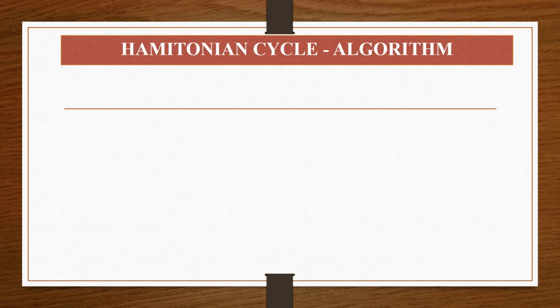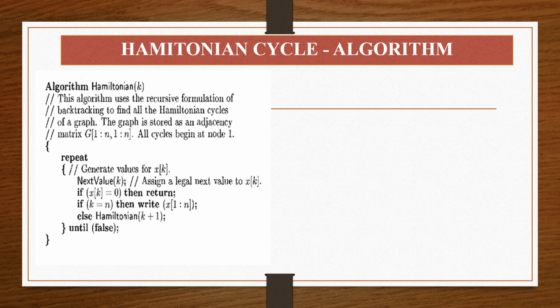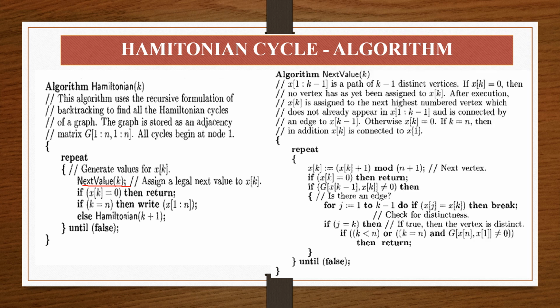So here comes the algorithm of the Hamiltonian cycle. Every time we need to find out a next node using the function next node, which will return either true or false. If it is true, then we will explore that particular vertex. If it is false, we will stop exploring that particular vertex. So here is the function for the next value.